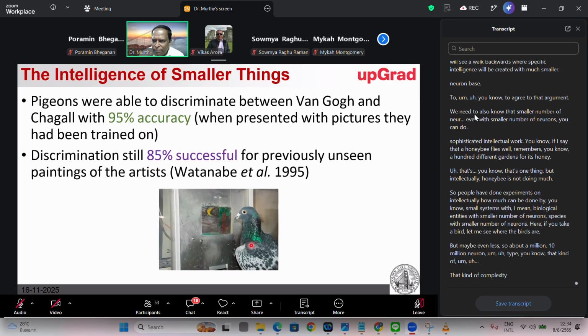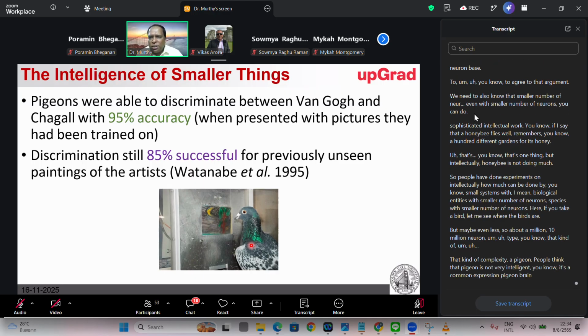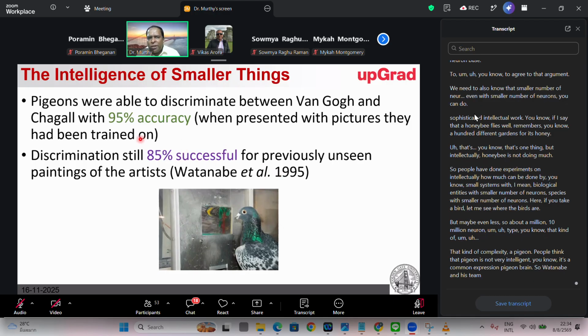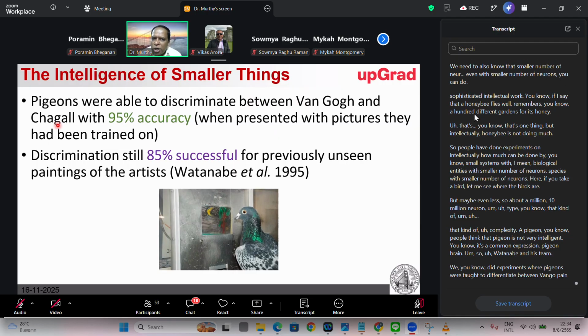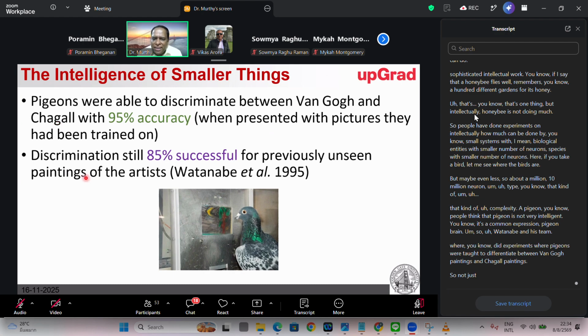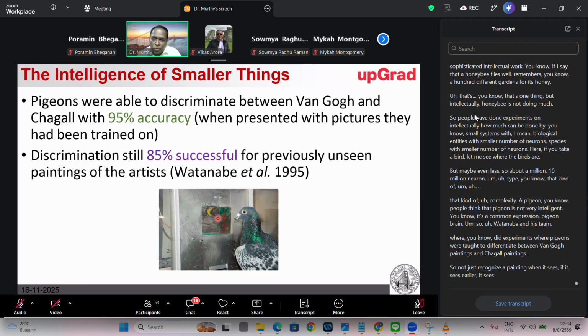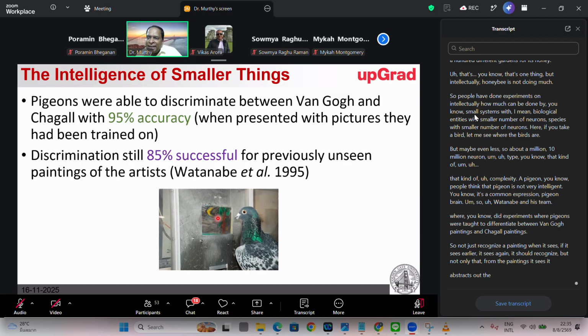A pigeon, people think that pigeon is not very intelligent. It's a common expression, pigeon brain. So Watanabe and his team did experiments where pigeons were taught to differentiate between Van Gogh paintings and Chagall paintings. So not just recognize a painting when it sees. If it sees earlier, it sees again, it should recognize. But not only that, from the paintings it sees, it abstracts out the artist's painting style.